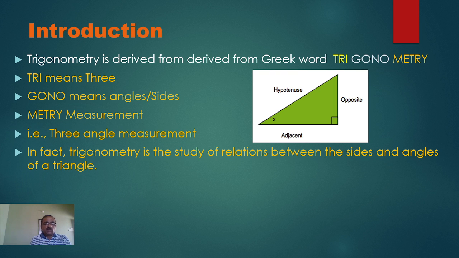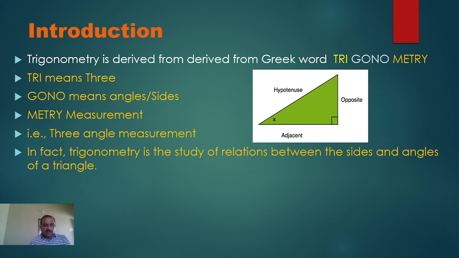Coming to the introduction of trigonometry, what is trigonometry, and how has the word been composed? This word is composed of three different words, derived from the Greek word trigonometry.